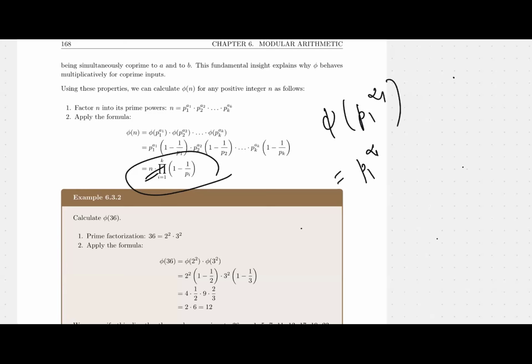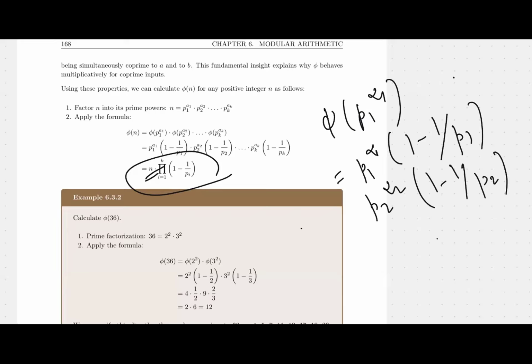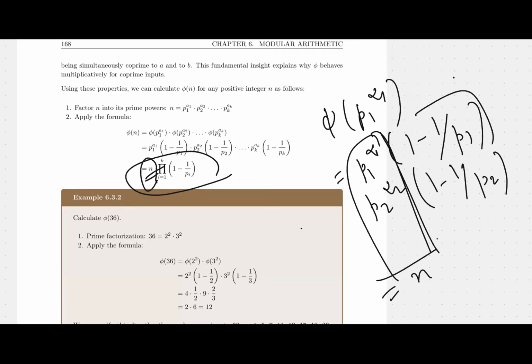Similarly, p2 to the power alpha 2 is times 1 minus 1 over p2. So the product of these p's equals n. So n is out, and this is a product of 1 minus 1 over p1, 1 minus 1 over p2, 1 minus 1 over p3. Clear?